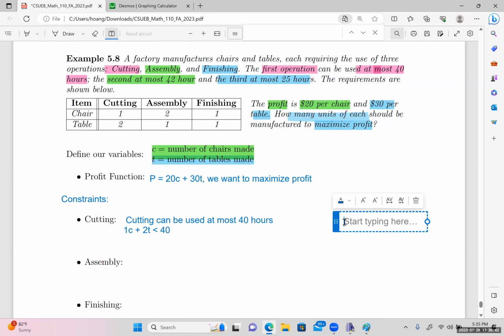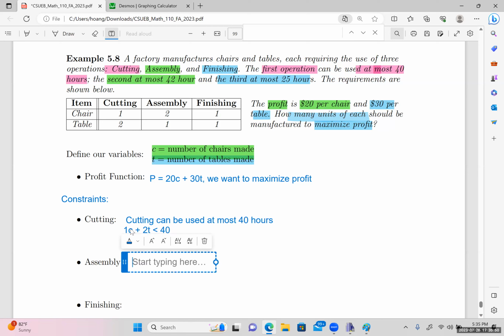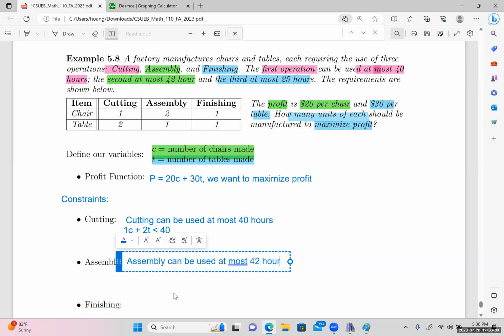So we need to make it less than or equal to 40 only, right? At most. The next one, let's use the assembly. Assembly can be used at most 42 hours.